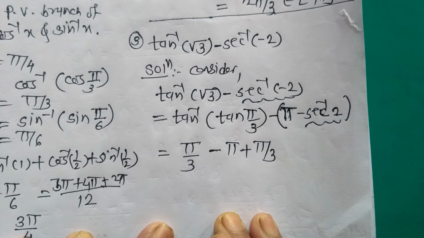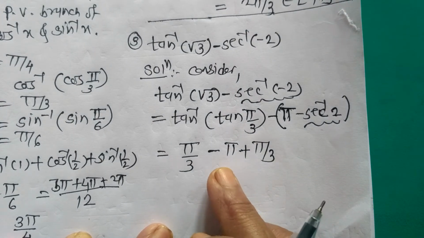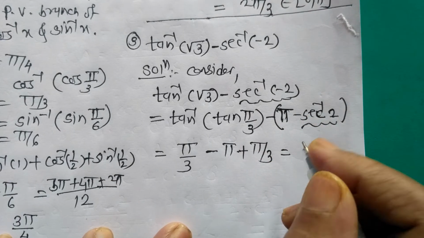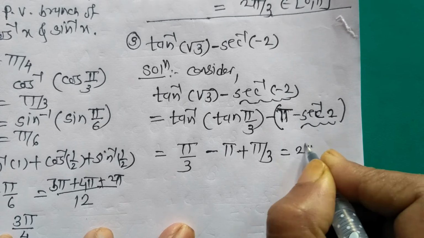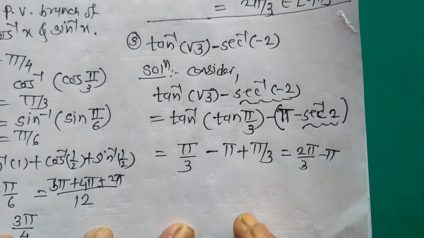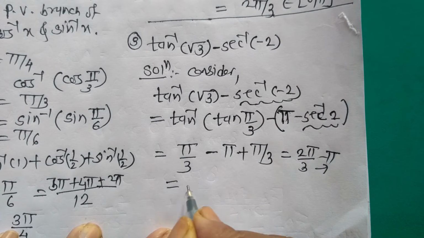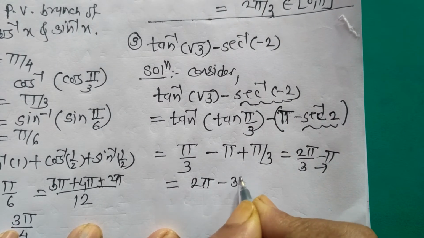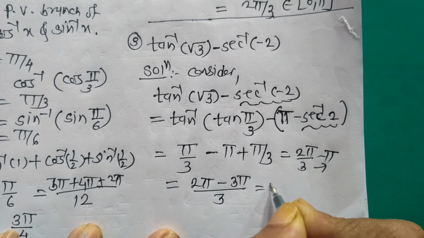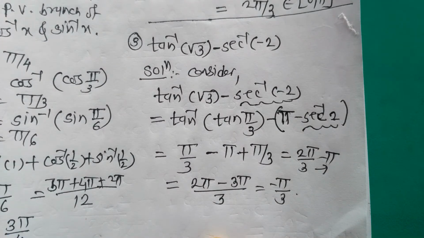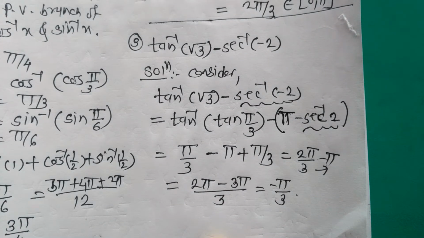Taking the addition, we get 2 times pi by 3 minus pi, which is 2 pi minus 3 pi whole divided by 3, so the value is minus pi by 3. So the expression gives the value minus pi by 3.